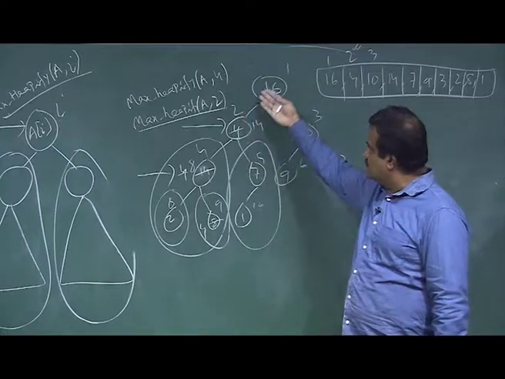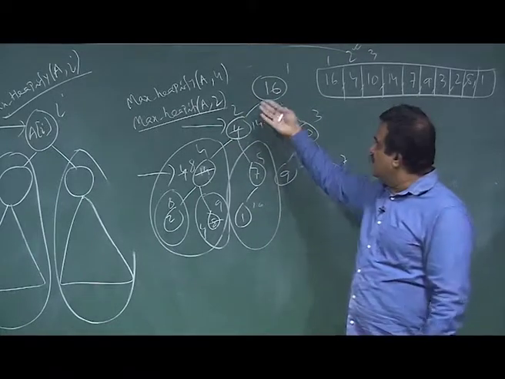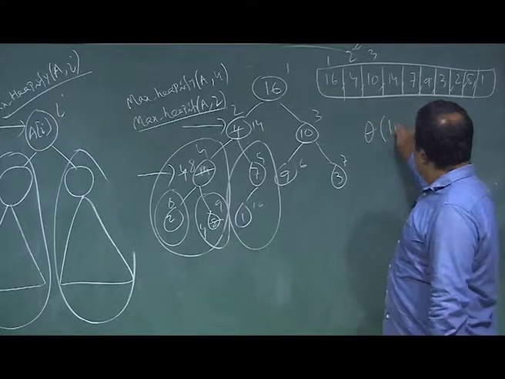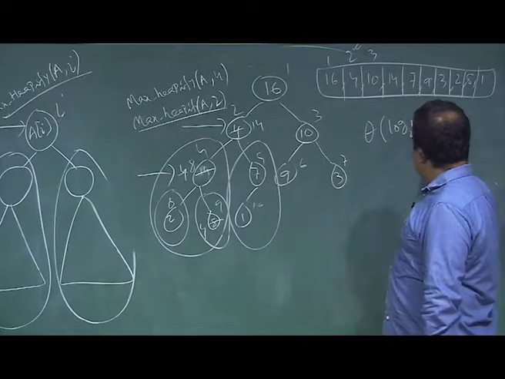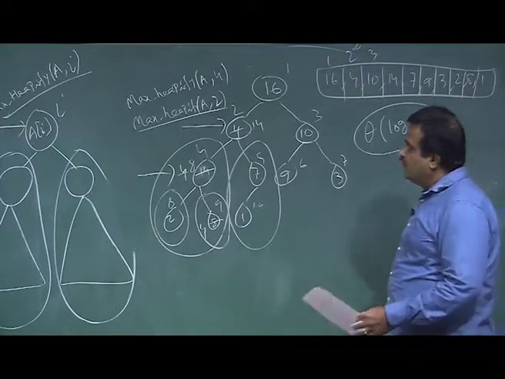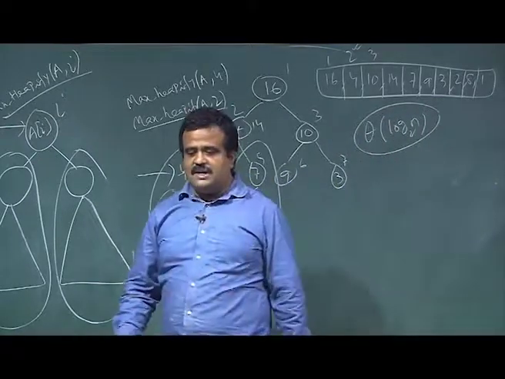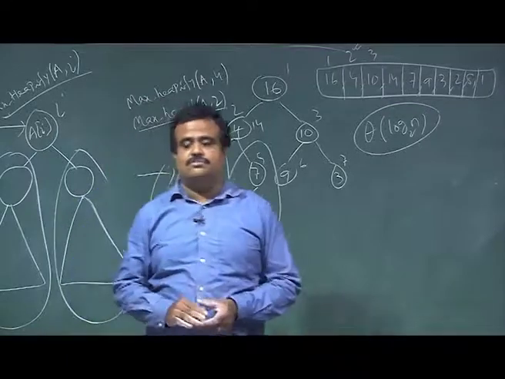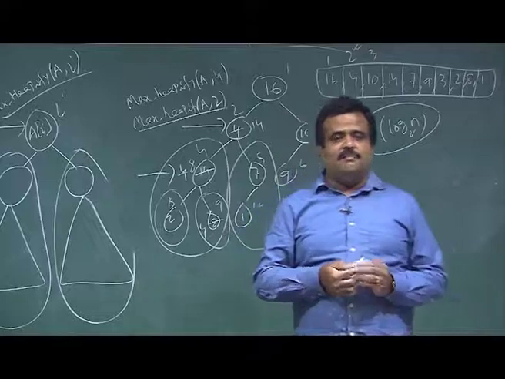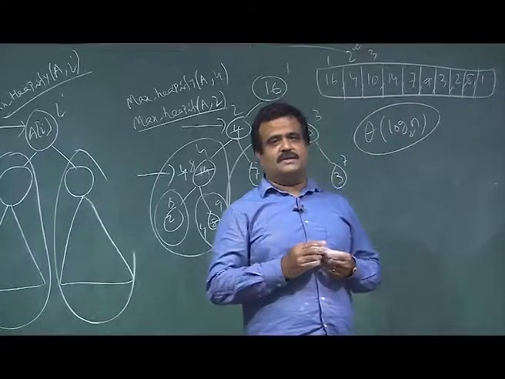So, if there are n nodes and we start from the root, then the time complexity is O(log n) for the maxify. So, we will use this maxify to build a maxheap array from an unordered array. That will be the build-maxheap we will talk about in the next class. Thank you.